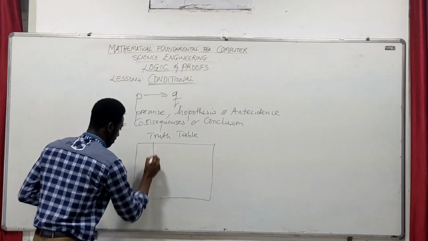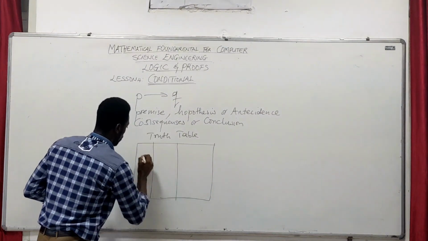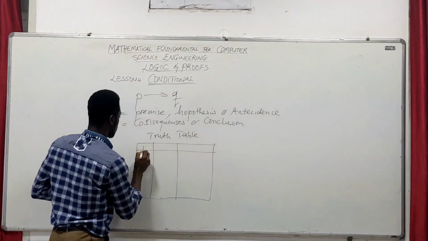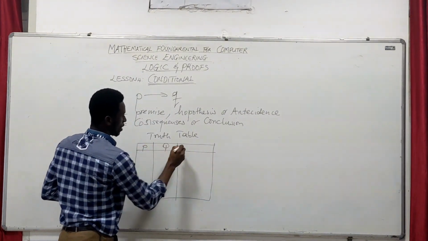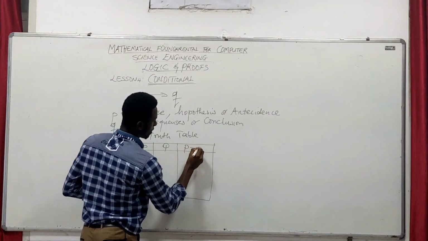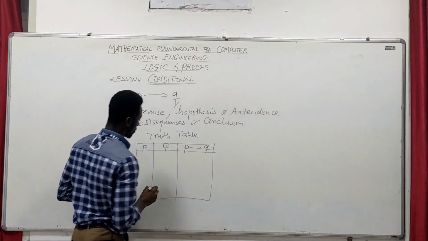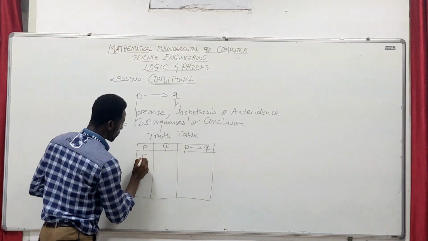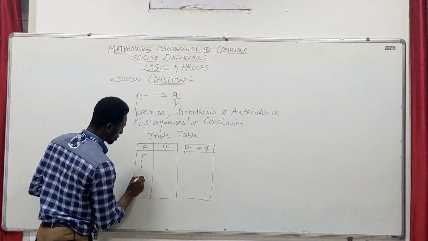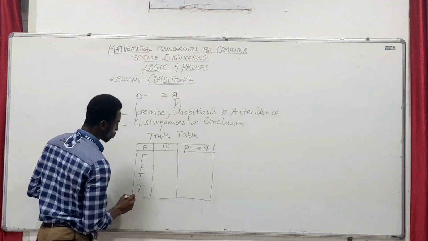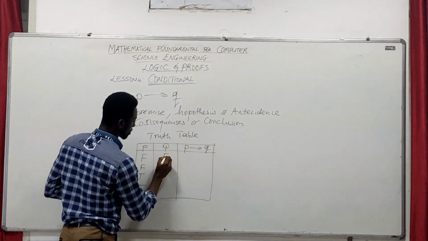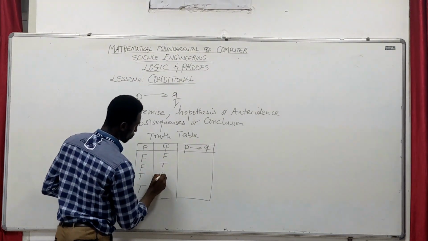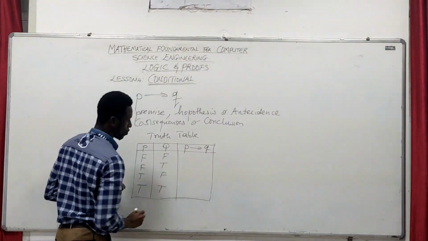Here we have P and Q, then P implies Q. So basically from the truth table we have here false, false, true, true, and here false, true, false, true.